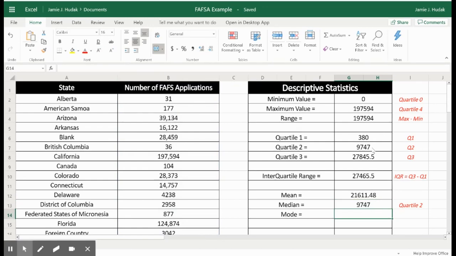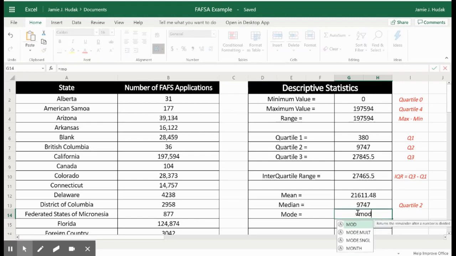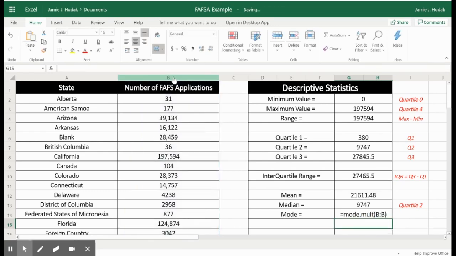It matches the 9,747. And now we can go to mode. And what if we have multiple modes? So we can do .mult for multi-mode. And we have 3. So 3 is our mode.